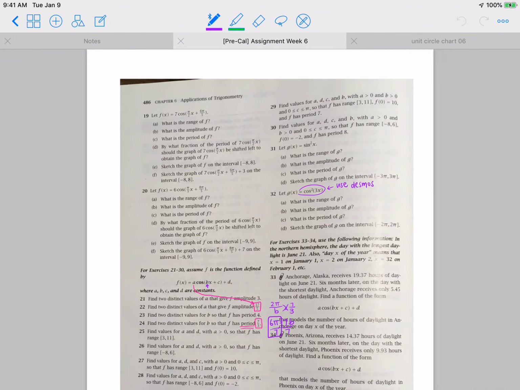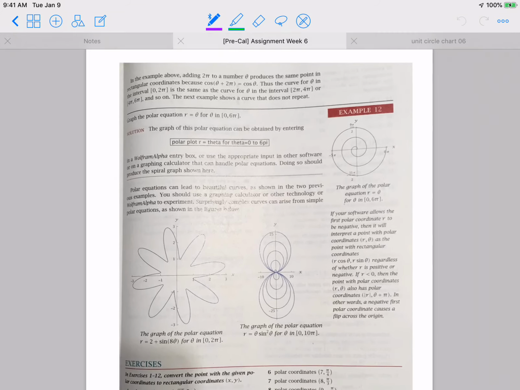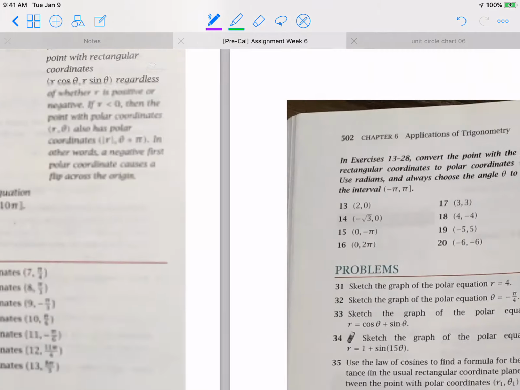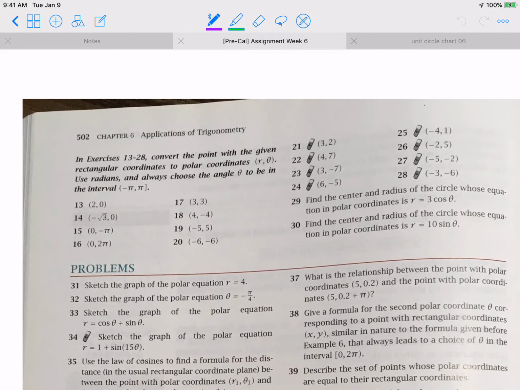Actually, let me tell you real quick what the question is. So 2 to 12, you are converting from polar to rectangular. Okay, you're given all polar points, so you're turning them into x comma y. And then for Friday's homework, you are going from rectangular to polar.